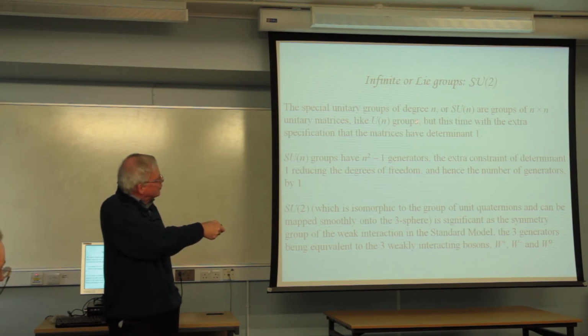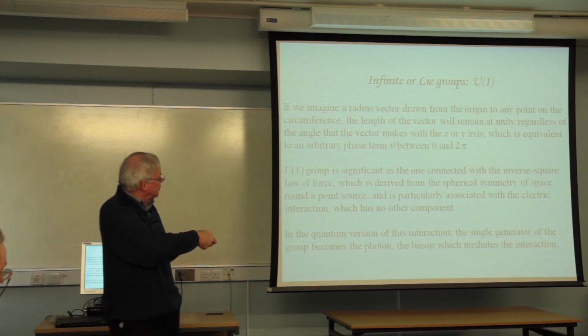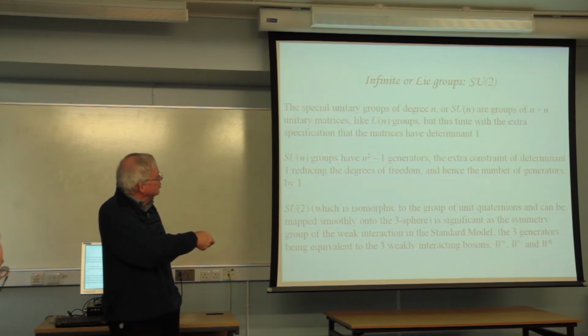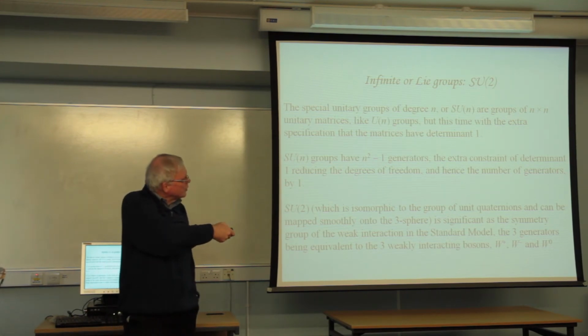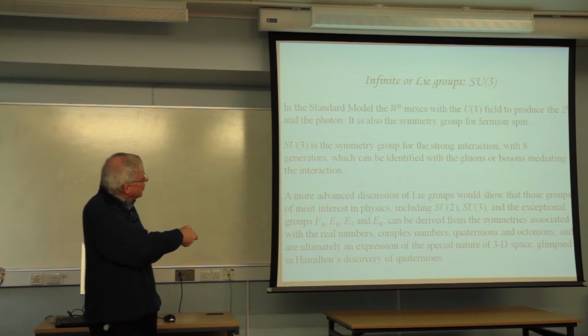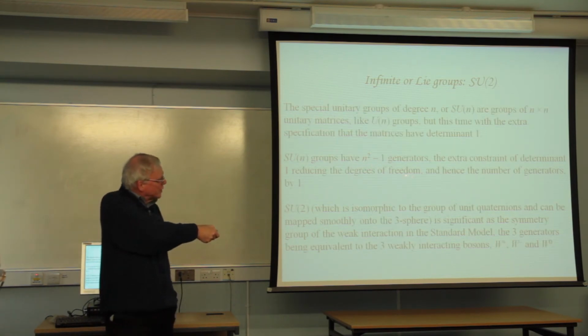And the other 2 important ones in physics are SU2 and SU3. SU2 groups can be defined, let's see how that's defined. U groups are defined by matrices. An SUN group has n squared minus 1 generators.